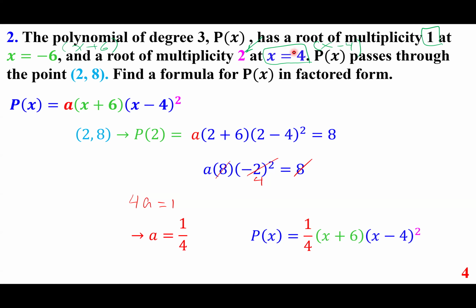One of them is x equals 4, so the factor of interest is x minus 4. This one has multiplicity 1, that means the power of 1 we don't write. Multiplicity 2 means it's being multiplied by itself 2 times. The point will help us find the leading coefficient a.